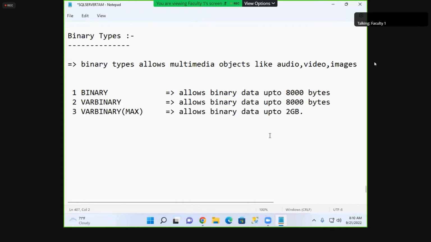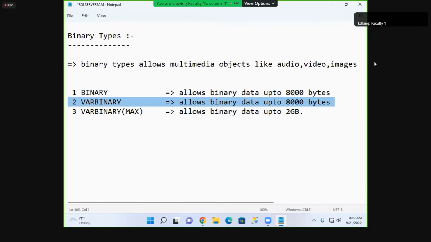So what is the difference between binary and varbinary? Both allow up to 8,000 bytes. The difference is that in binary, extra bytes are not released, but in varbinary, extra bytes are released. You know the difference between char and varchar?